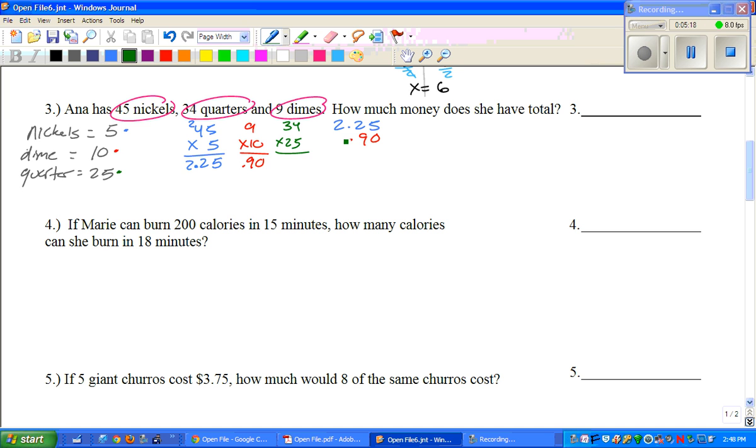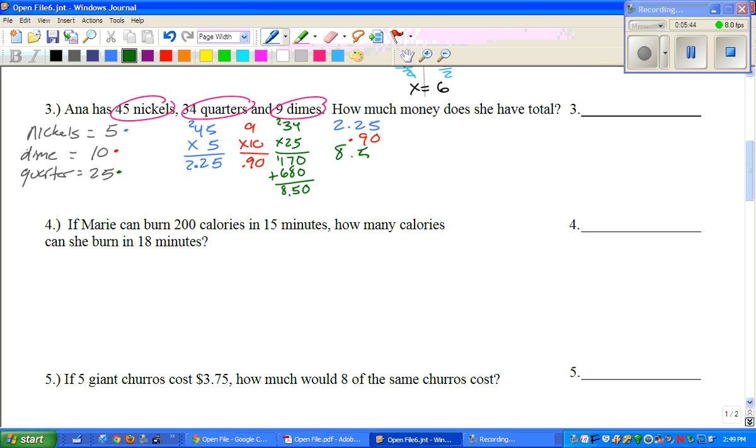34 times 25. 5 times 4 is 20. 5 times 3 is 15. Carry the 2. You get 170. 2 times 4 is 8. 2 times 3 is 6. Add those numbers up. 0, 5.